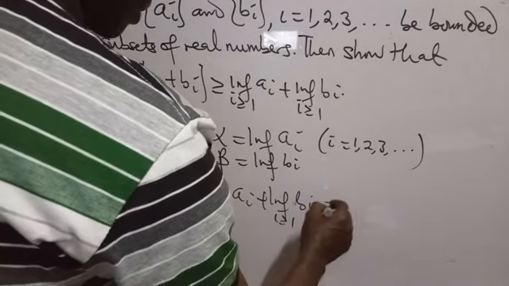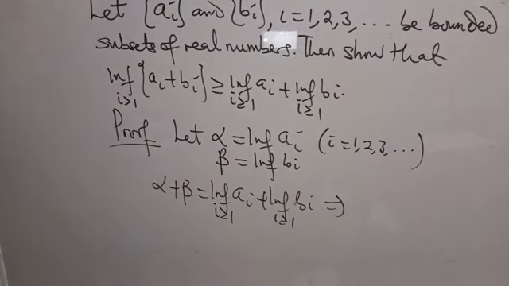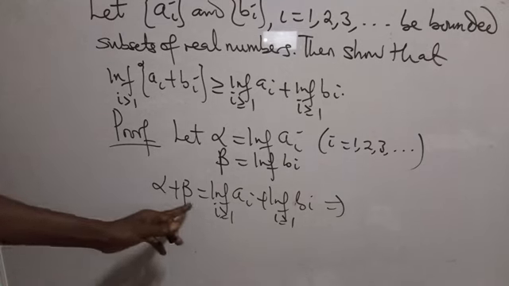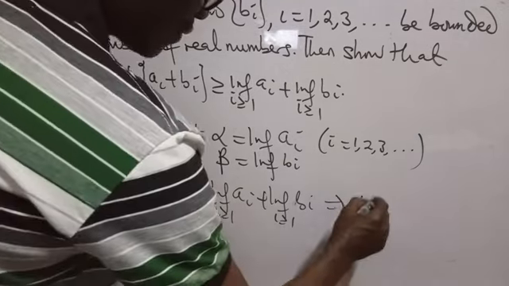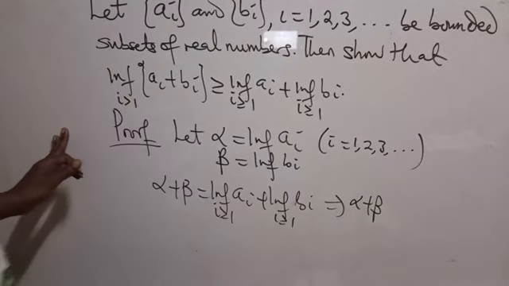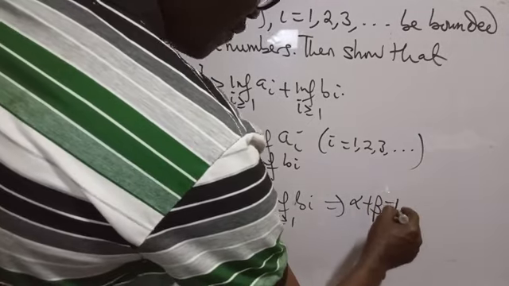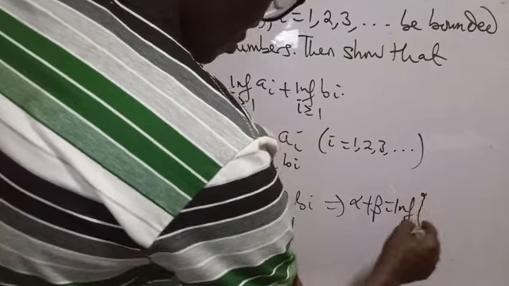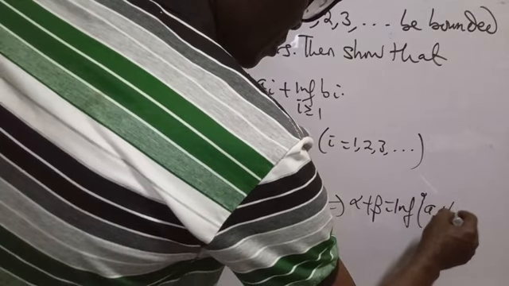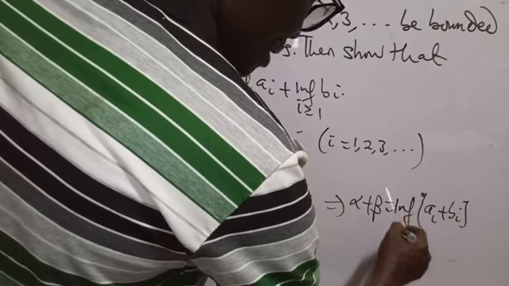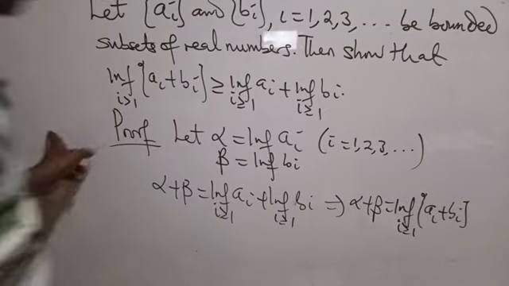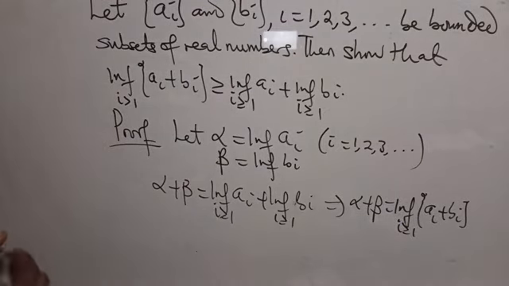Now, this implies that alpha plus beta is the infimum of the sum A_i plus B_i. That's the meaning of that statement.